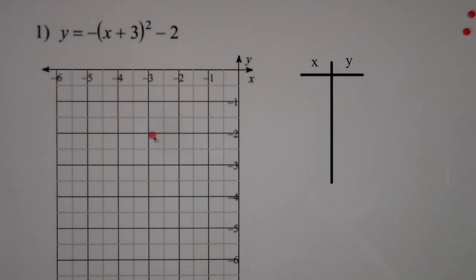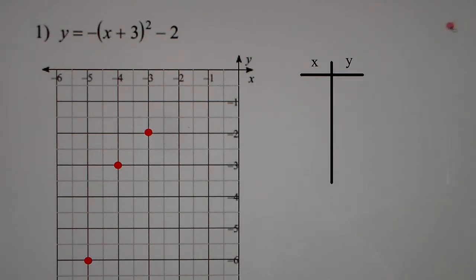So plot the point negative 3, negative 2. Then you go above, you have negative 4, negative 3. And you have negative 5, negative 6, which is 5 to the left, 6 down. So negative 5, negative 6 is that point right there.